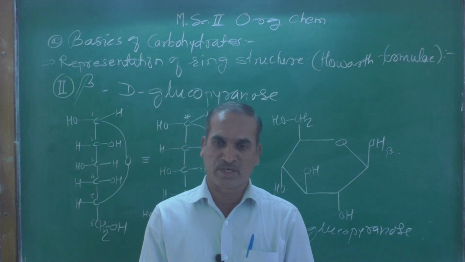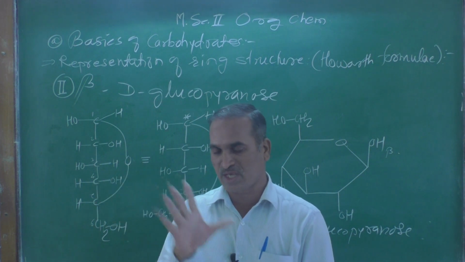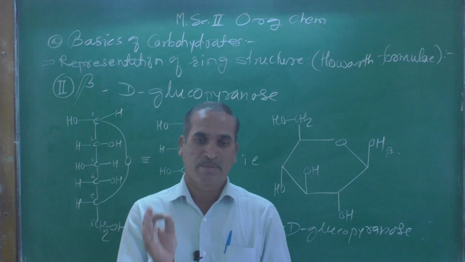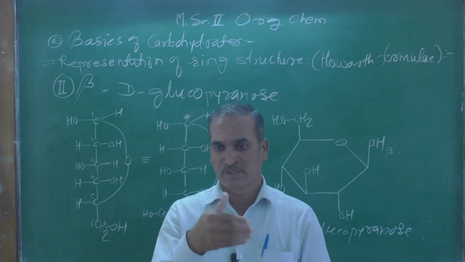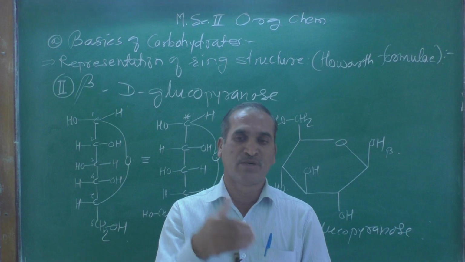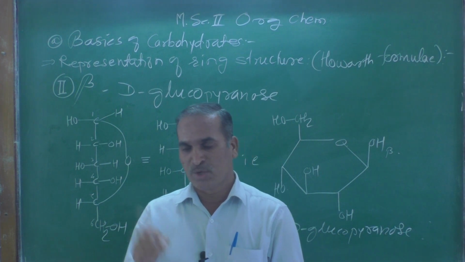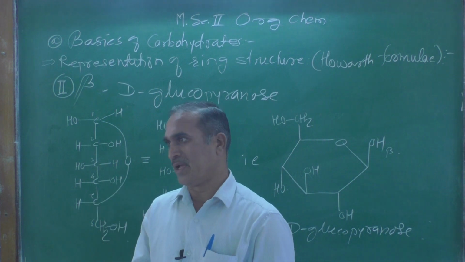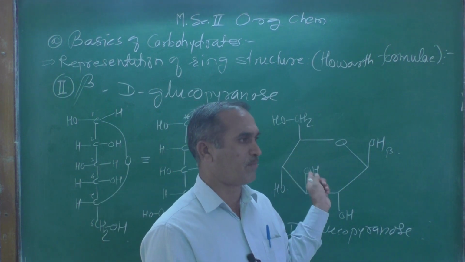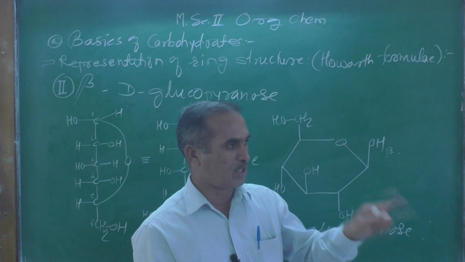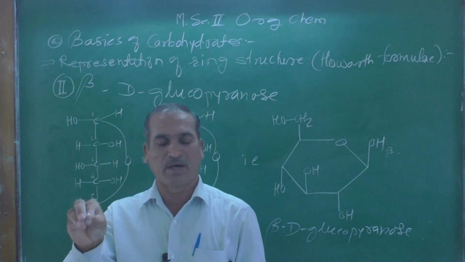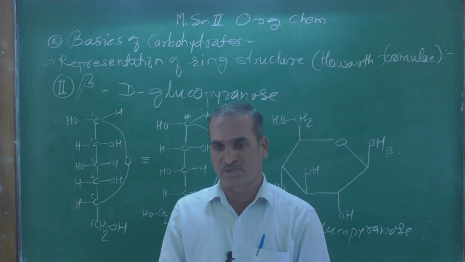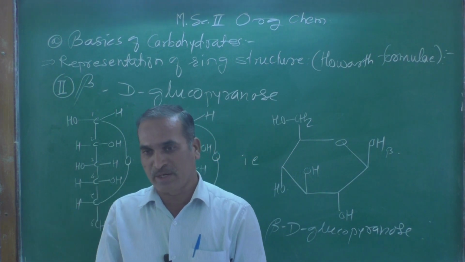Most students get confused between epimers and anomers, as if they were one and the same thing, but the term epimers is used for open chain, whereas the term anomers is used for cyclic structures. The cyclic structures of the alpha and beta forms of D glucose are anomers of each other because they differ in configuration at the anomeric carbon atom.